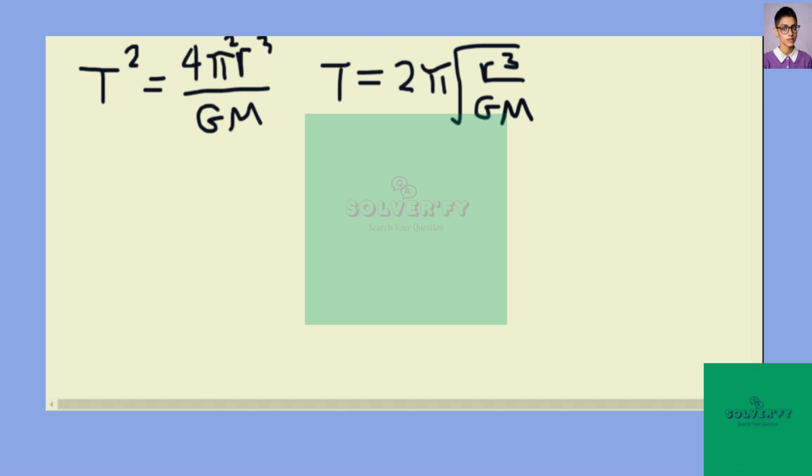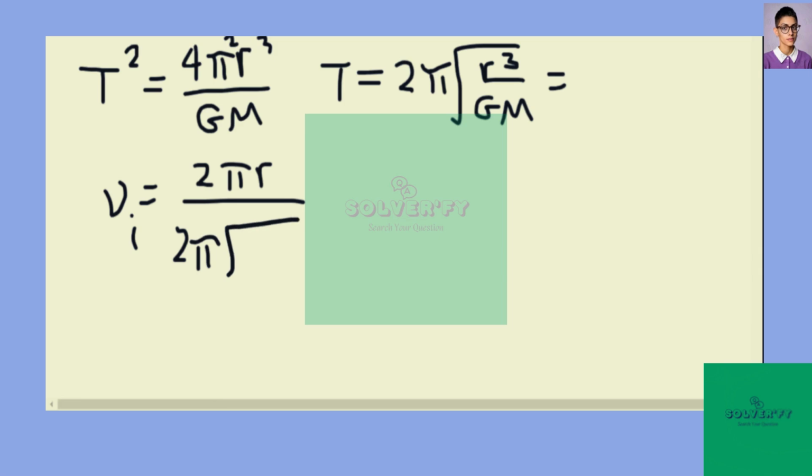Now, the period is 2 pi r over the speed. Or rather, the speed of the satellite is 2 pi r over the period, which is 2 pi square root of r cubed over GM.